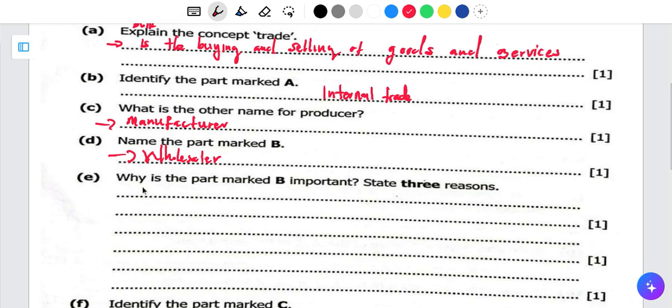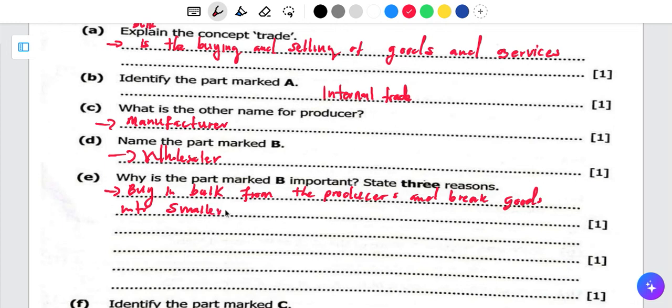So the reason why that one is important is that it buys in bulk. Once the wholesaler buys in bulk from the producers, they break the goods into smaller quantities.